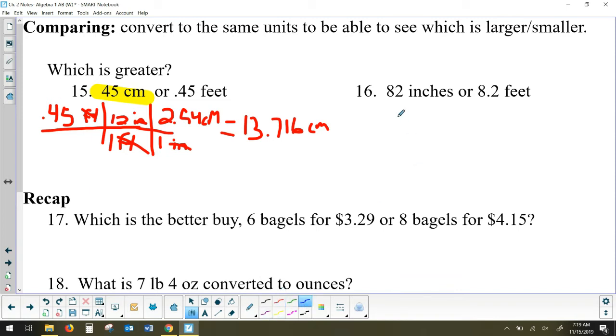Alright, so we move on to the next one. We have 82 inches, 8.2 feet. I just like to move the ones that have decimals. 8.2 feet.